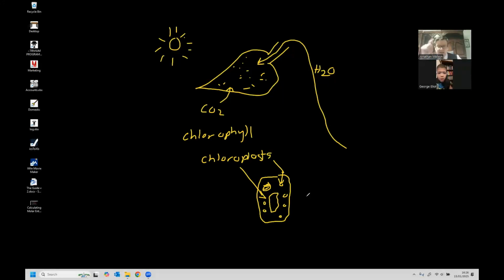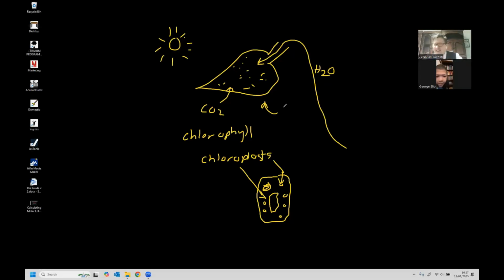Now, have you ever looked at a leaf closely and looked at the underside of a leaf, the bottom of the leaf? Well, if you do, you'll see it's not as green as the top. Can you think why that might be? Because the sun is up way in the sky, which means the top of it's getting the most sunlight.